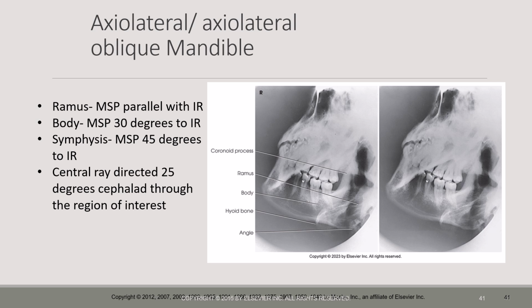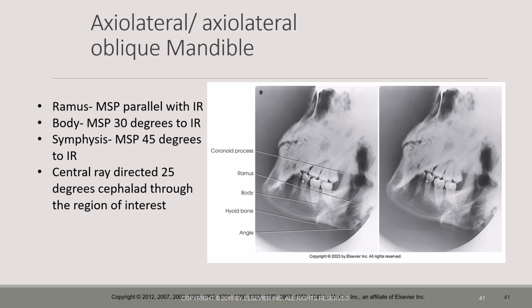All right, so for every one of these, the tube angle is the same, 25-degree cephalid, but you change the rotation of the mid-sagittal plane and the centering point to the part of the mandible that you're trying to visualize on the radiograph. The most common one in the series is just to visualize the body of the mandible on these axiolateral obliques. So you do the 30-degree angle one most commonly if you're doing the mandible series.